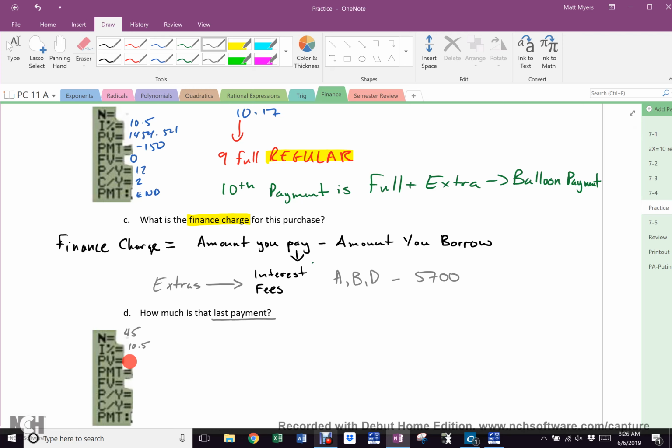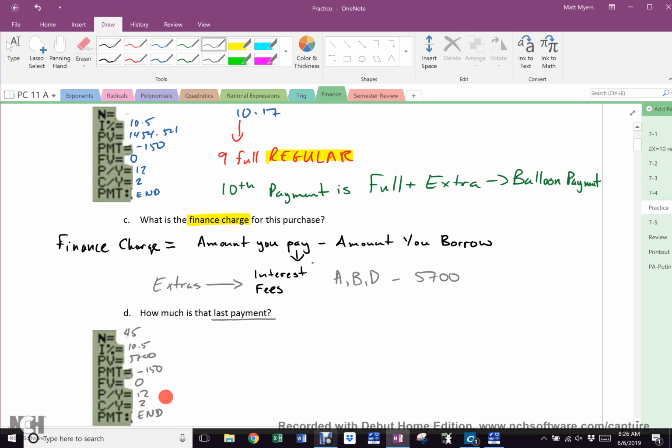But what did we start with? How much did dude borrow? Because we're trying to find out that last payment, right? So we got to go to what we started from. What was his payment? Negative 150. Right? Future value. Now, we're having 12 to end.